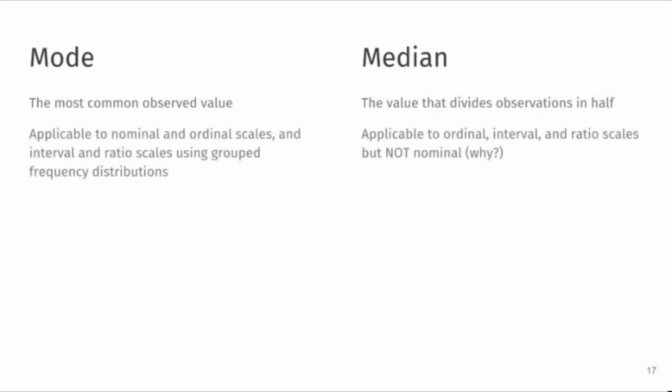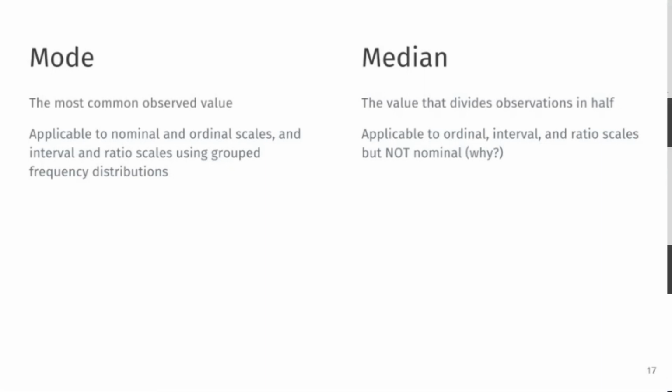The mode is applicable to nominal and ordinal scales, but also to interval and ratio scales when using grouped frequency distributions. The median, on the other hand, can be applicable to ordinal data in some cases, but is often used for interval or ratio scales, but can't be used for nominal scales.